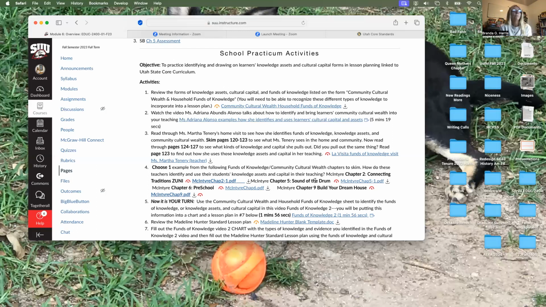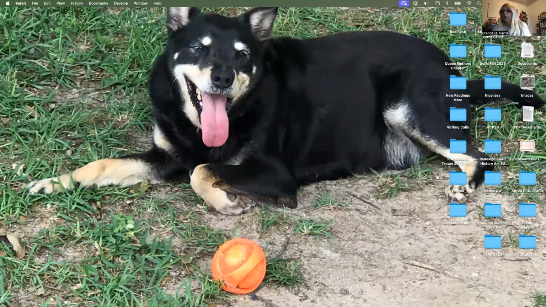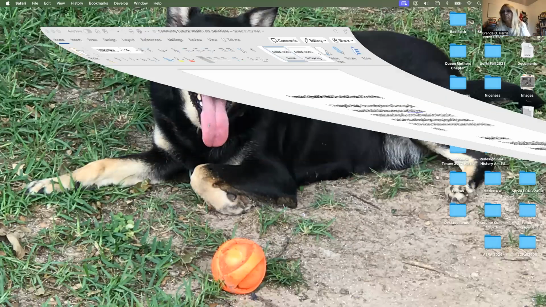Okay, so I'm going to show you how I know what I'm looking for when I want to start with the learner and identify the knowledge gifts from the community. There's this little fly in here that's just bothering me. Okay, so let me pull up this form right here.